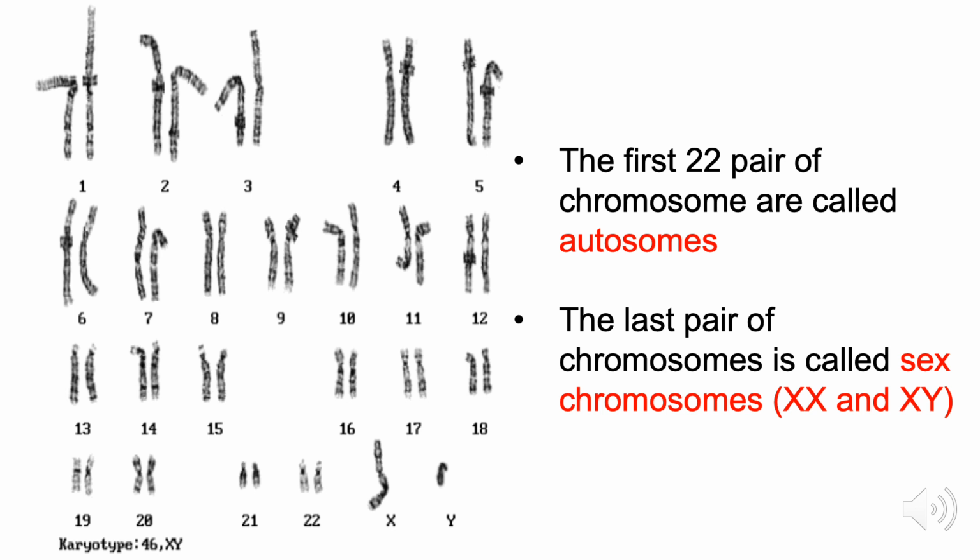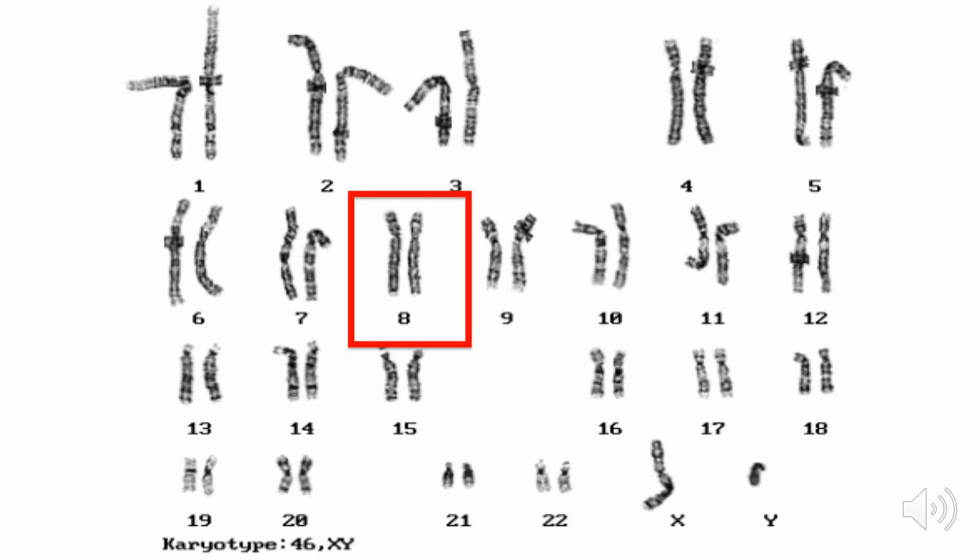Again, the last pair of chromosomes is referred to as the sex chromosome, and it can be a combination of two X chromosomes or one X and one Y chromosome. The first 22 pairs are referred to as autosomes.